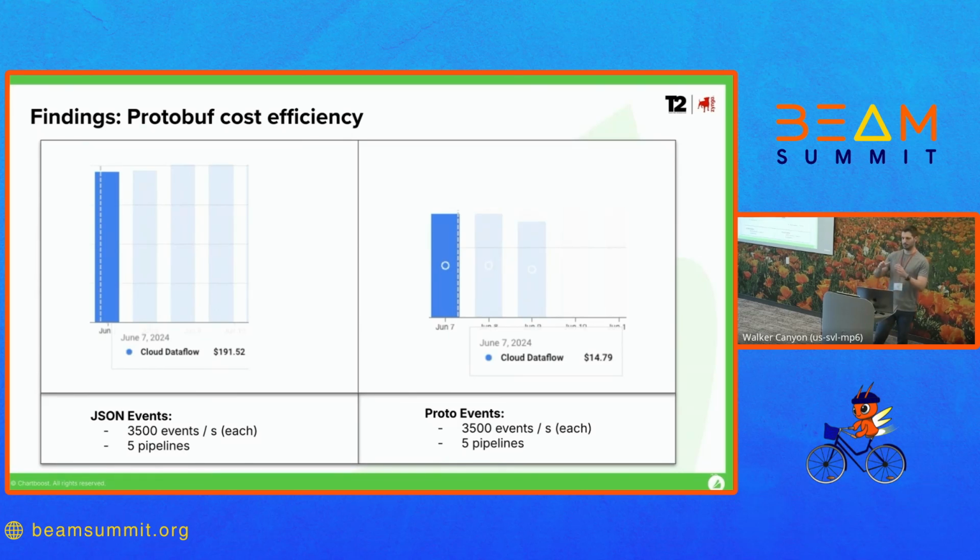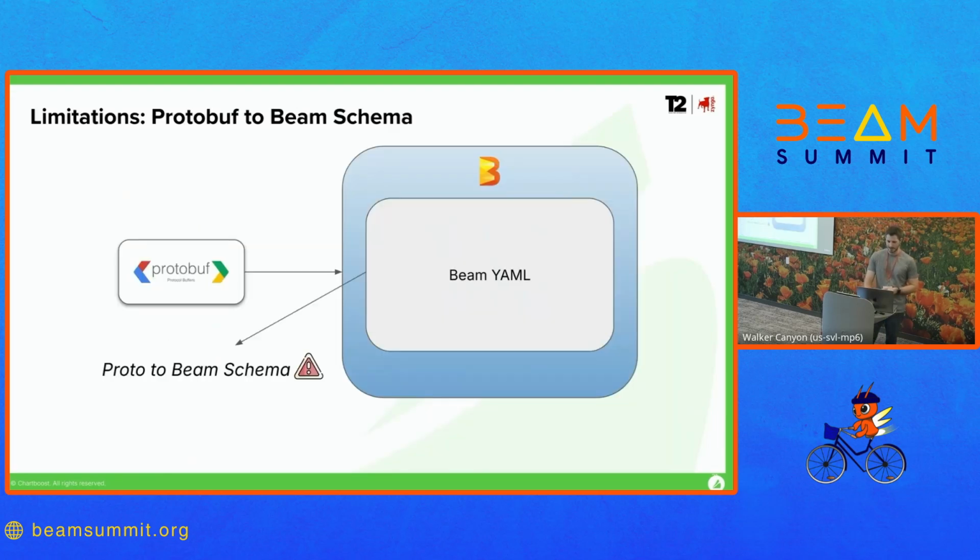What I mean by that is that there is a Dataflow job with 5 consumers, and the cost of doing that with JSON could be approximately $200 versus $14, $15 with Proto. It requires way more compute power to read the exact same events from JSON than Proto, which is a pretty good thing, right? Saving money.